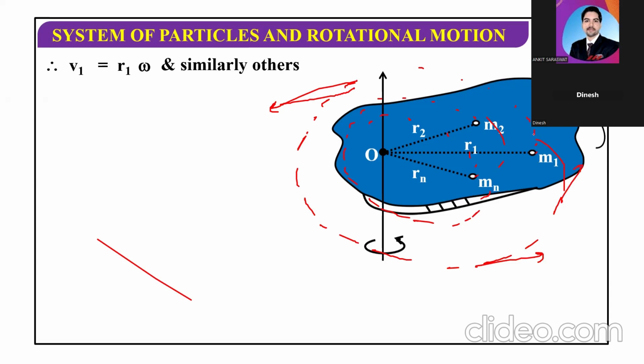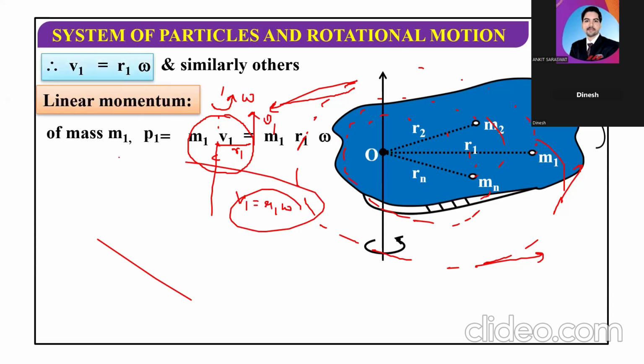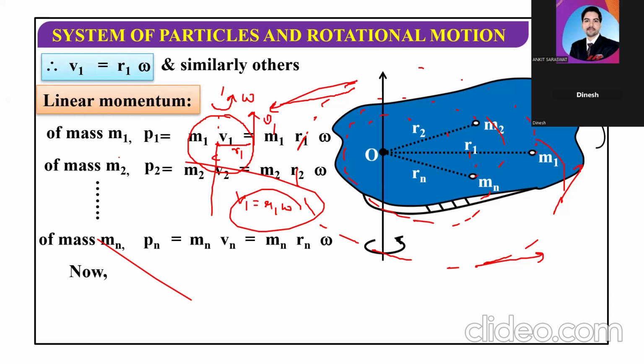If a particle is moving in a circular path, for example with radius R1 and velocity V1, about this axis, then V1 will be R1 omega. Linear momentum of mass m1 is mass into velocity. For the second particle, similarly, and for the nth particle likewise.